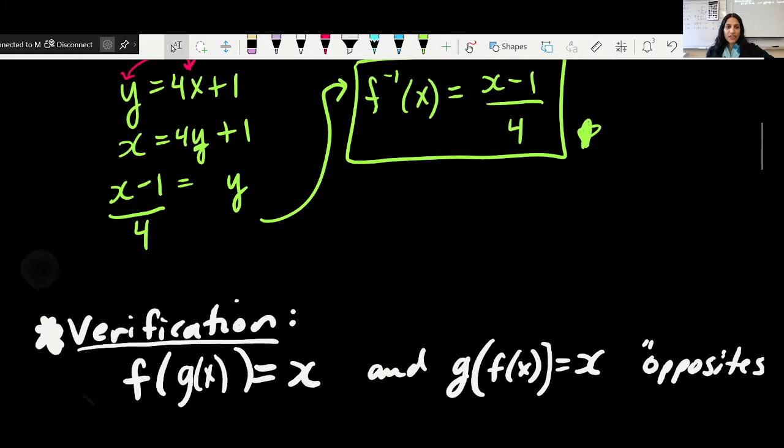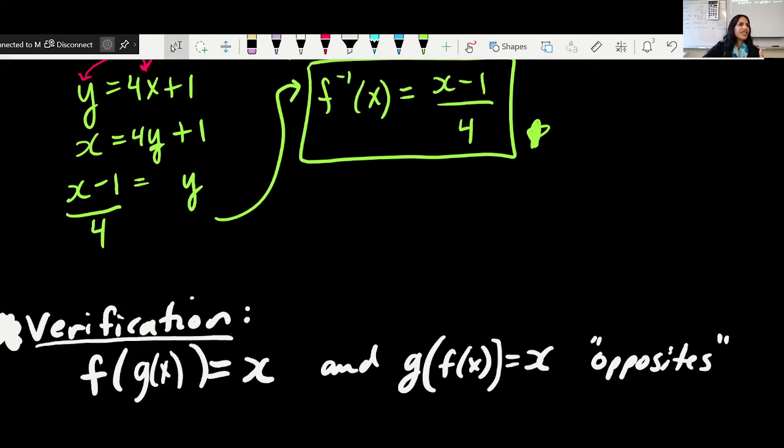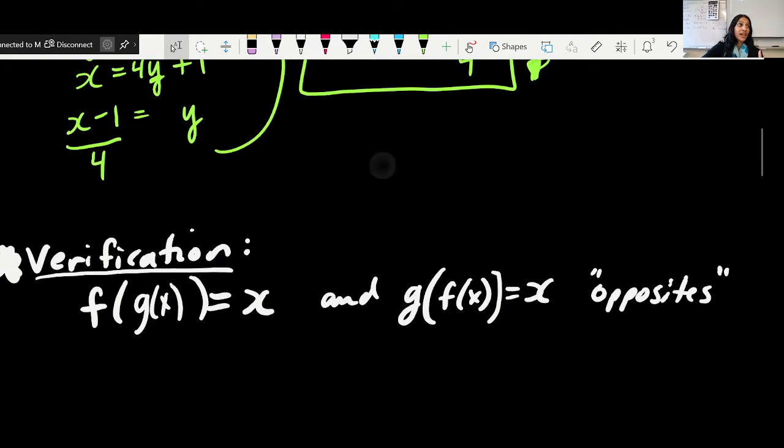So verification to check to see if this is right looks like some of the stuff we did a few lessons ago, the composite function stuff. So if I say f of g of x, and I call the inverse g of x instead of having to write out the inverse, then everything would cancel out and just leave me with x.